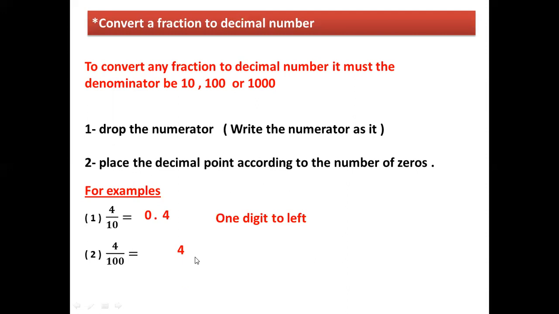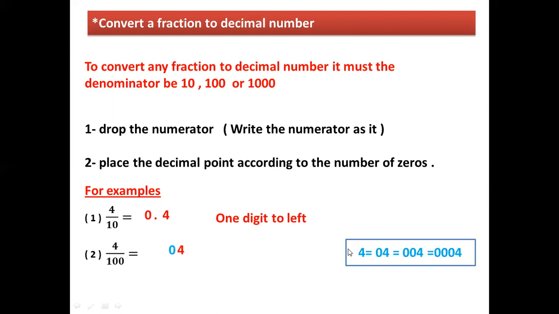But we have here one digit. So what can I do? We can put any number of zeros to the number if you need. In example number 2, we need one 0. Why? To put the decimal point after two digits, so we can put 0.